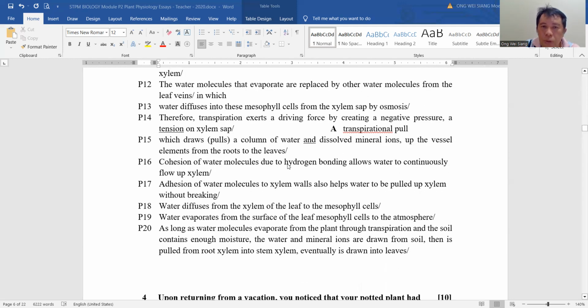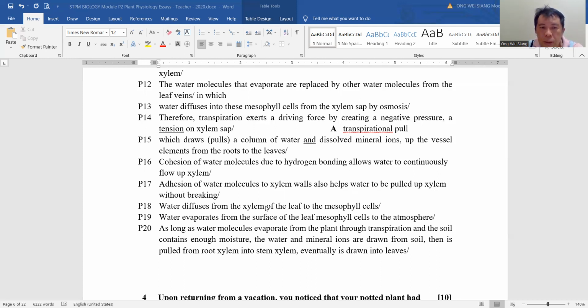Cohesion of water molecules due to hydrogen bonding allows water to continuously flow up the xylem. This is due to the cohesion, and also adhesion of water molecules to the xylem wall, which is hydrophilic, which also helps water to be pulled up the xylem without breaking.